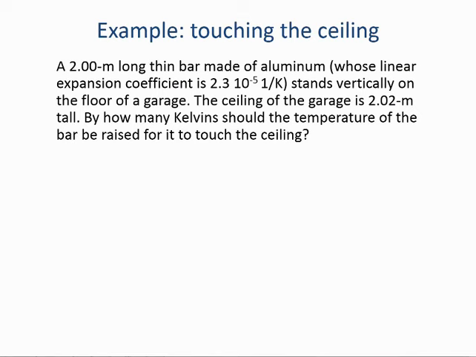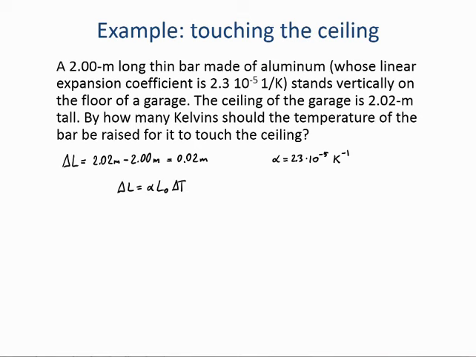First of all, we need to look at what increment in length we are trying to get. The increment would be 2.02 meters minus 2.00 meters, that is 0.02 meters. So the ceiling is just 2 centimeters away, and we are going to use the equation for linear thermal expansion, where we are given the coefficient that is 2.3 times 10 to the negative 5 Kelvin to the negative 1.